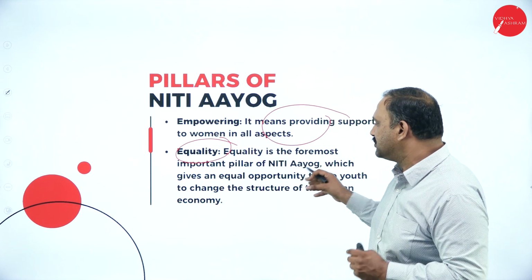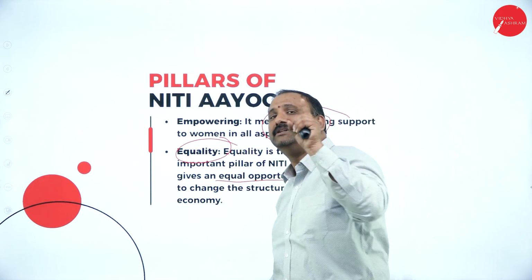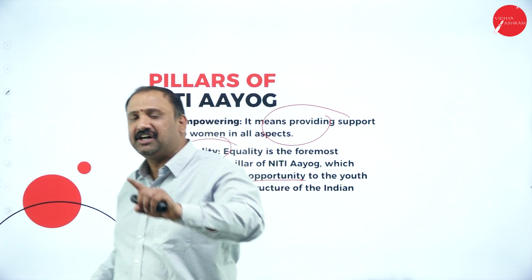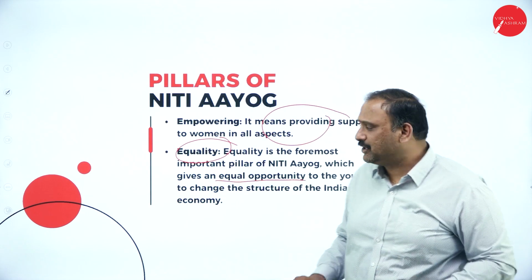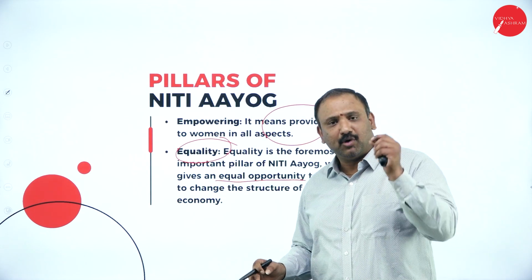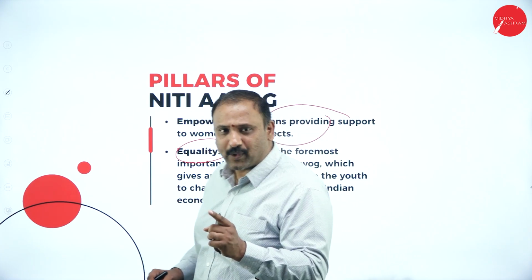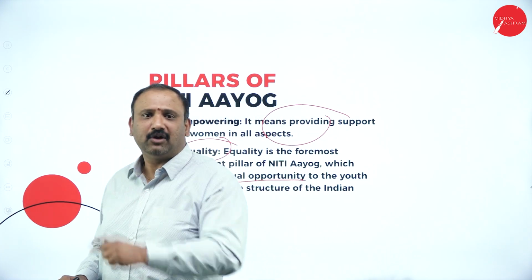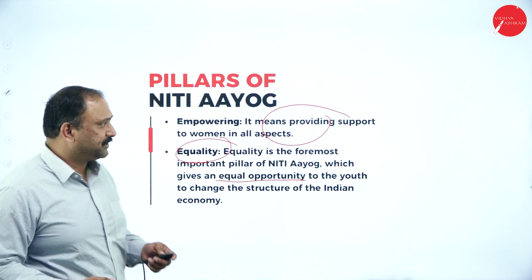And now, equality. Whenever we talk about this word equality, that equal opportunity, we do not want to discriminate between gender, caste, creed, religion, or any other factors for that matter. Why? Because we believe that the most important pillar for the success of any country is equality. Everybody should get equal opportunities to perform, and then they will be able to realize their potential.